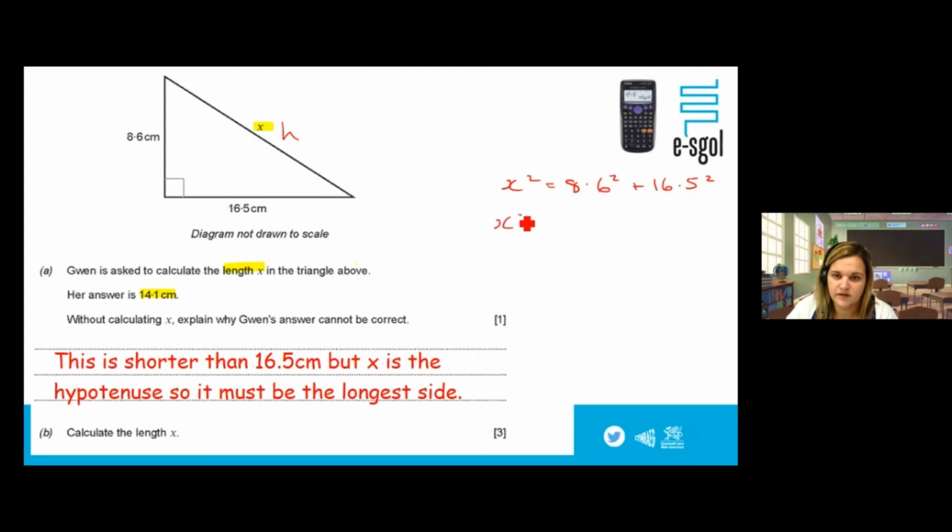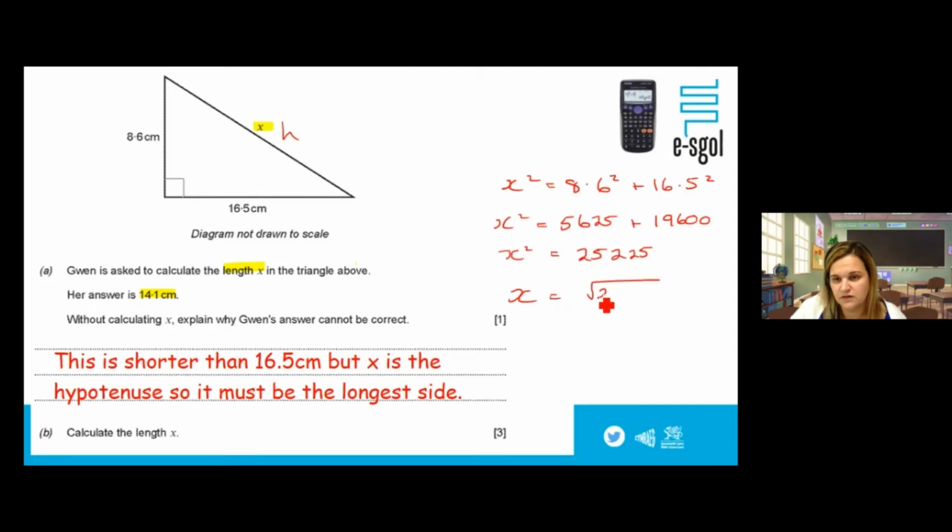Okay. When you go through your squaring and adding, you will have 5,625 add 19,600, giving you then an x squared value of 25,225. At that stage, do not forget to do your square root.